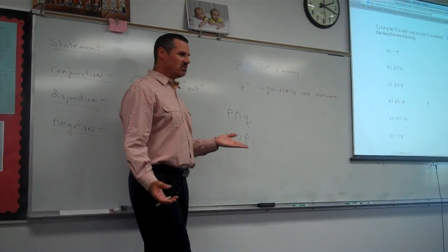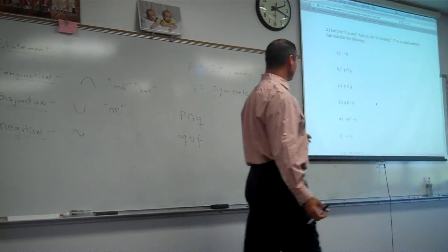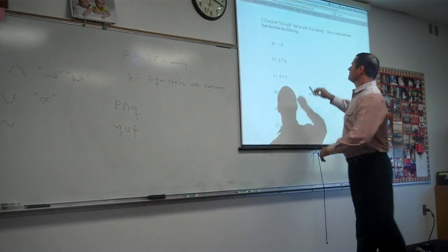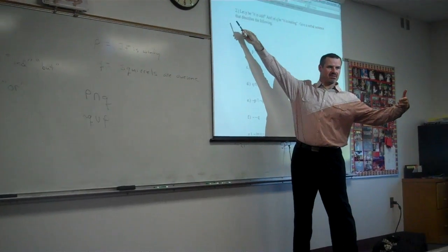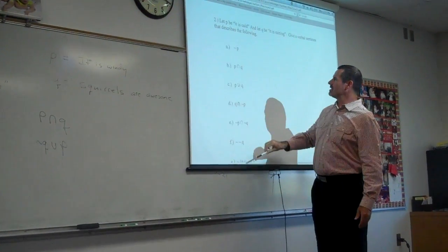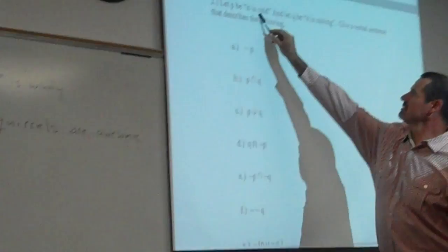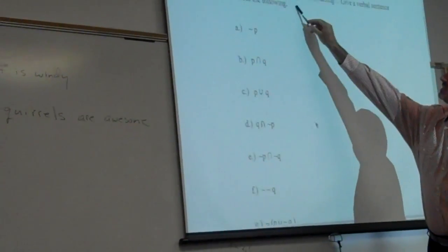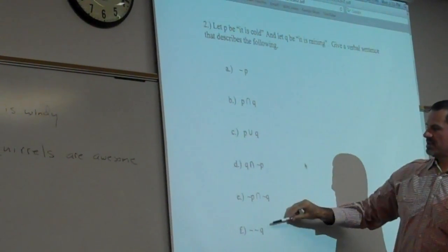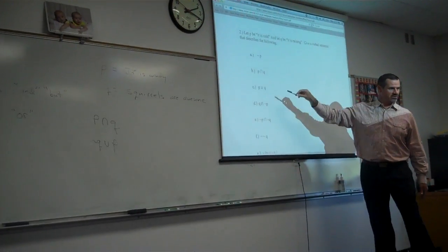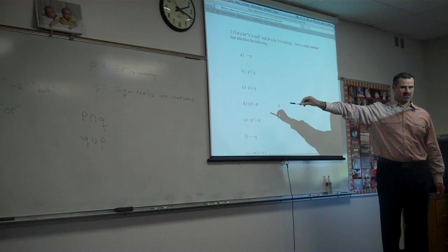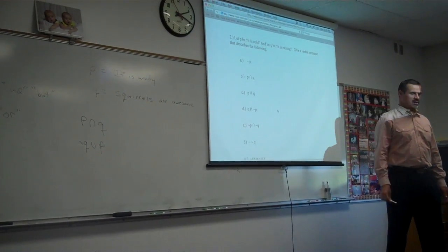On your assignment, the first section is about saying whether it's not a statement. That's going to be easy. This section here, it says up in the directions what P and Q are, and then you write out the sentences for those symbolic forms.